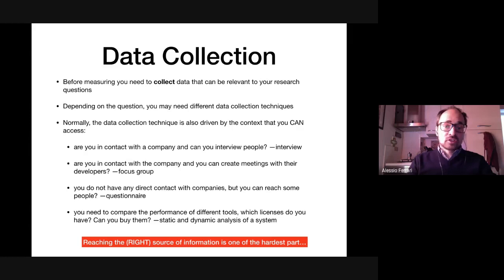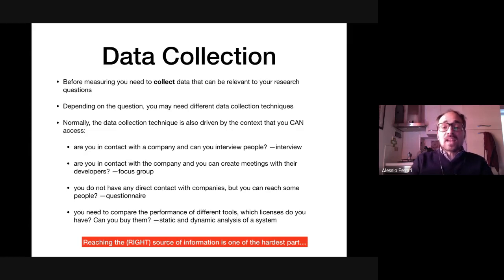The data collection technique is, of course, guided by the research question, but it can also be guided by your specific context, because you may have a curiosity for a certain research, but you may not be able to access the relevant environment to gather the data that are needed. So you have to consider also your context, your reality.